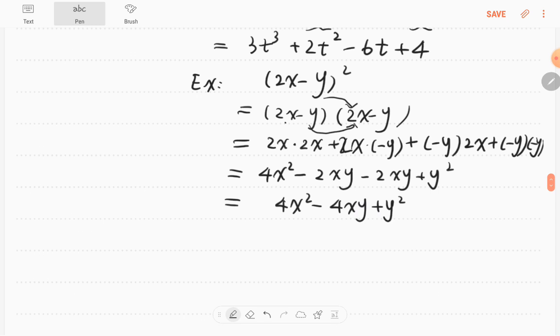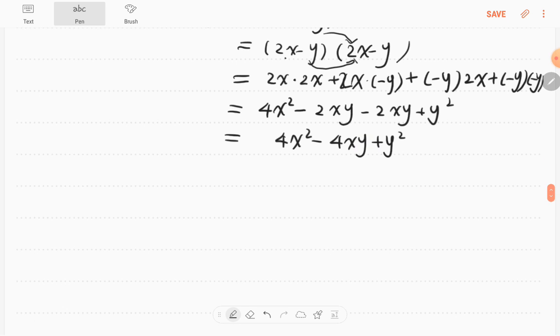So that's how we can do the multiplication with two polynomials. Don't forget, you should do lots of multiplication by using the distributive property.